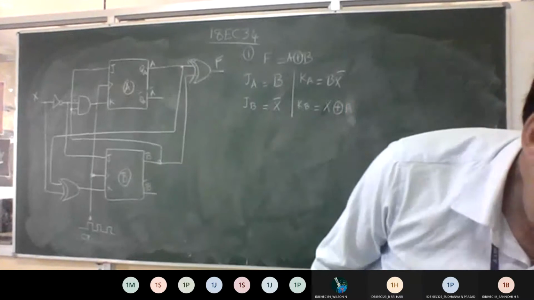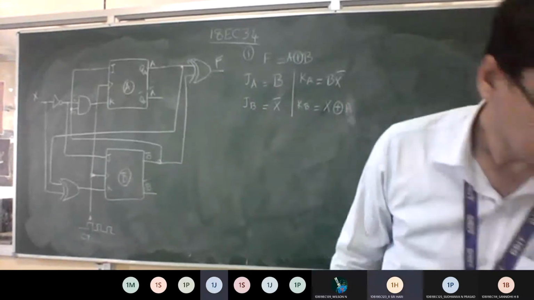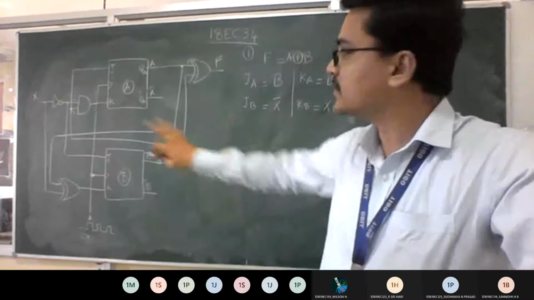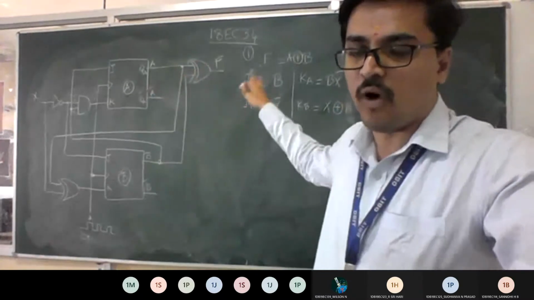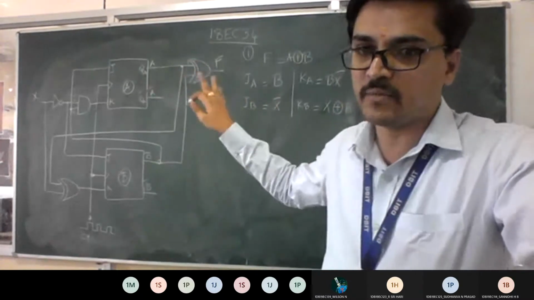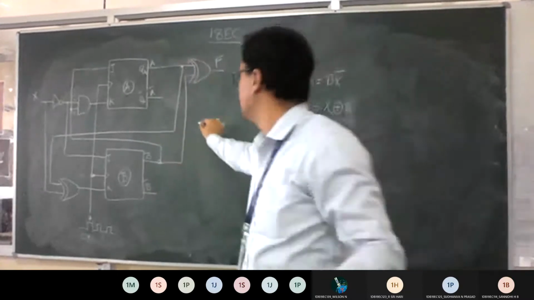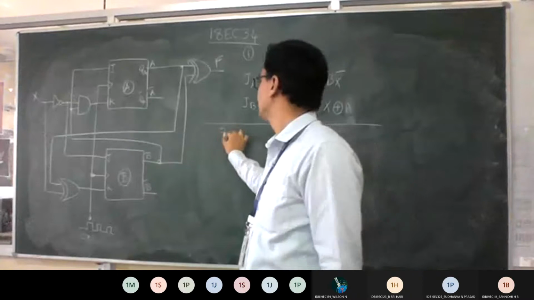So this should be your step number 1: writing the final output along with all the individual inputs for the corresponding flip-flops, which you're supposed to mention in step number 1.